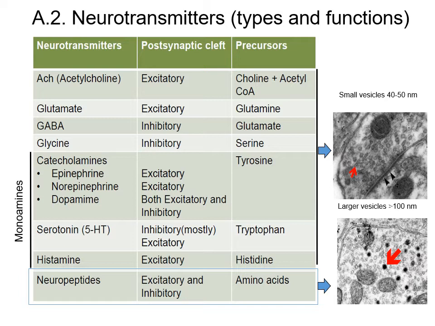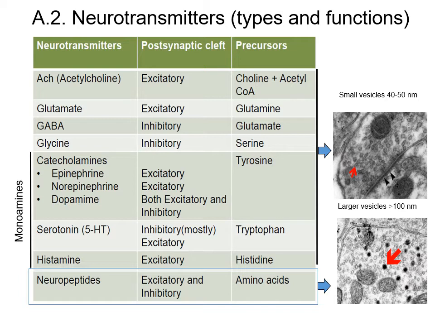Glutamate, on the other side, is an amino acid with a primary excitatory function. Conversely, a major inhibitory neurotransmitter is gamma-aminobutyric acid, or GABA. And another inhibitory neurotransmitter is the amino acid called glycine.